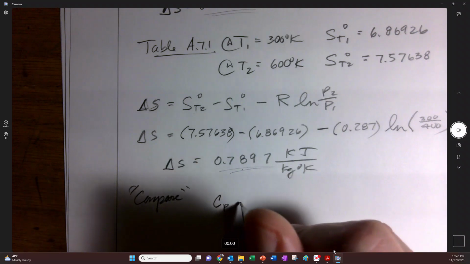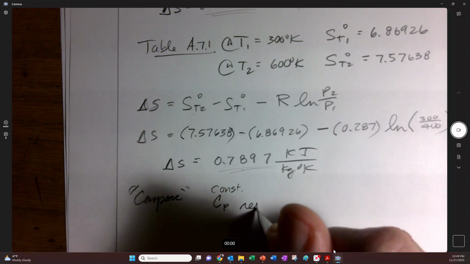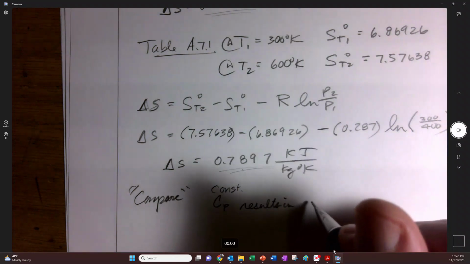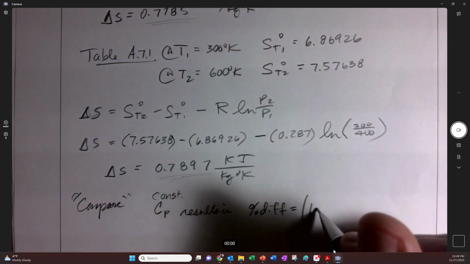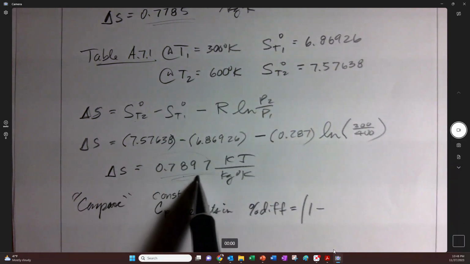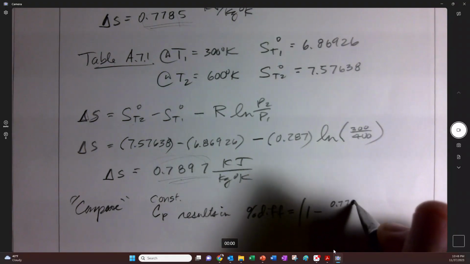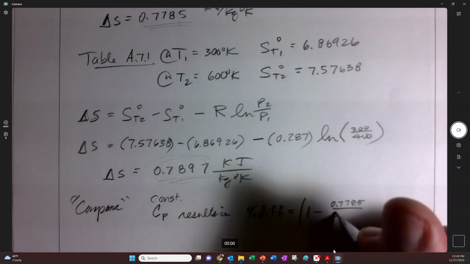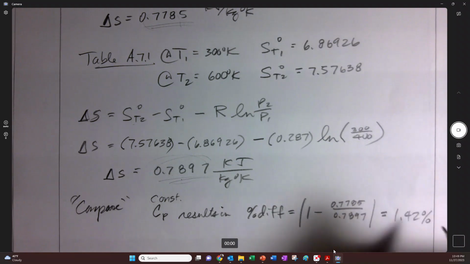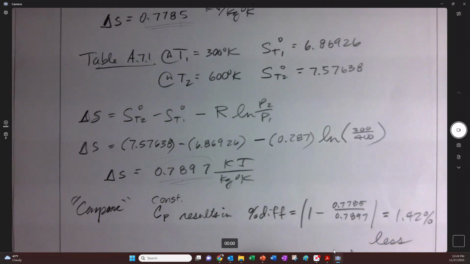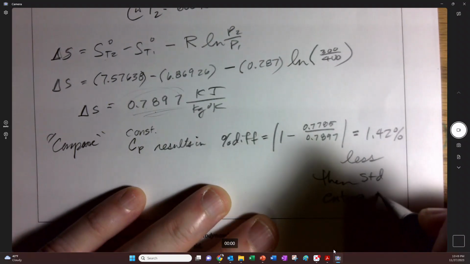Constant CP results in the absolute value of 1 minus the one that you're comparing, 0.7785, over the base that you're comparing it to, 0.7897, which is 1.42% less than the standard entropy method.